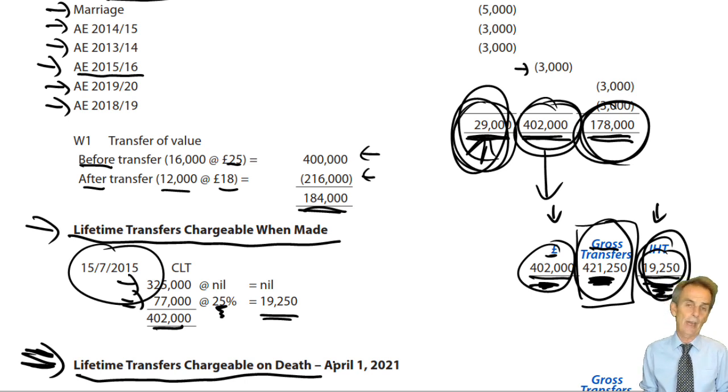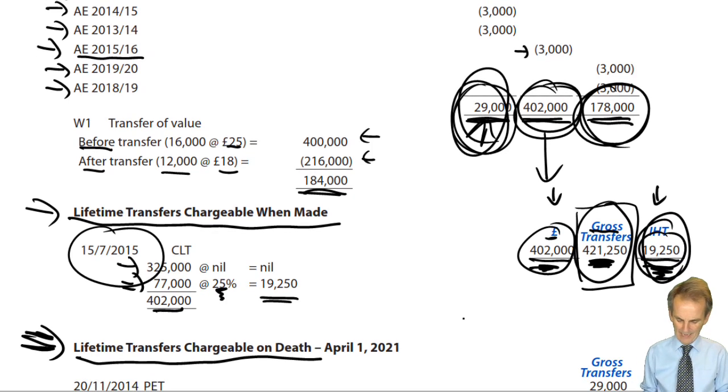Any transfers that are now chargeable, PETs and CLTs, on death because they were made within the 7 years before the date of death, if they are less than 7 years, and hence chargeable, but more than 3 years from the date of the death of the taxpayer, then of course taper relief is available to us. So you now have got to put together that computation. You don't need the little working column as we had here.